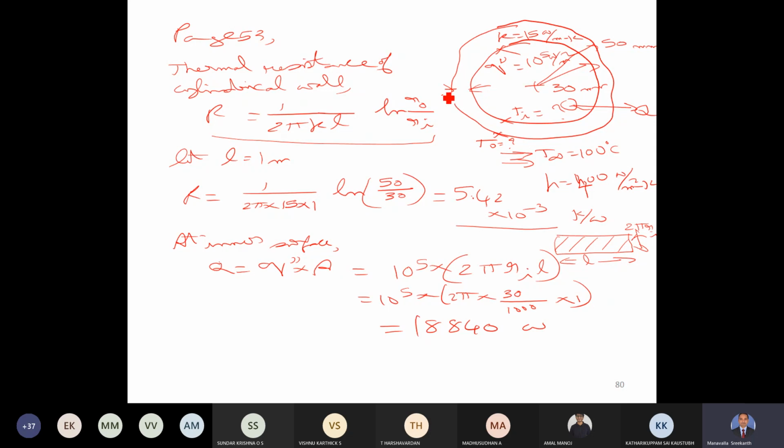Will be same as the heat convected from the outer wall to the medium. So see, the same thing, it will flow from one side to the other side. See, it's like a network of pipes. You may have three different diameter pipes connected. The flow rate in each pipe will be the same.